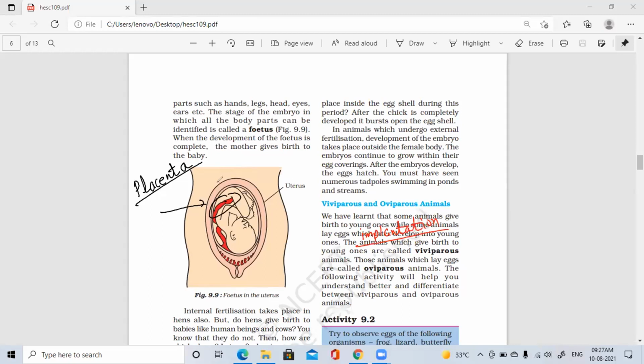It provides oxygen and nutrients to the fetus and also removes waste. Very important, what is the function? Provides oxygen and nutrients to the fetus and also removes waste.